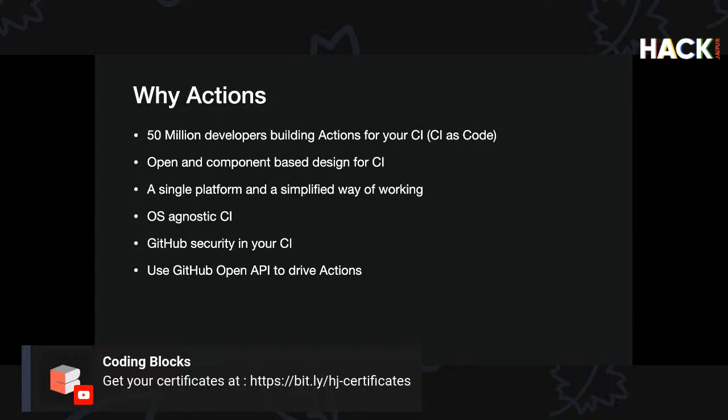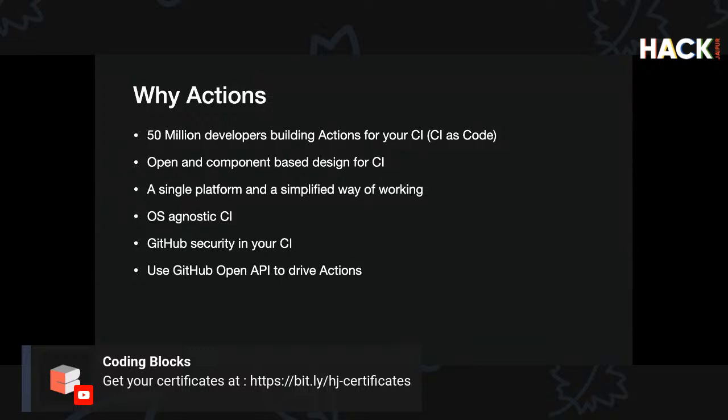Some additional resources on why Actions. As you saw, on GitHub there are about 50 million developers. There are many different developers building their own actions. If you want to reuse those actions, you could always go to the marketplace, take a look at the different repositories that are in there, and use them in your own repositories to benefit. So instead of reinventing the wheel, you are leveraging some logic that other developers have built from different parts of the world, right? It's an open and component-based design, so you get to take a look at the code and see how it executes.